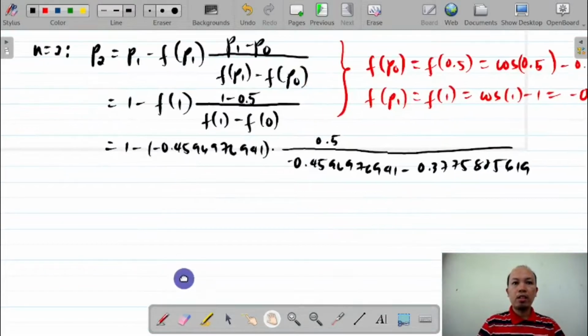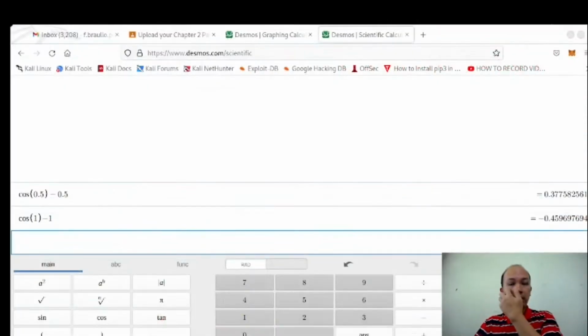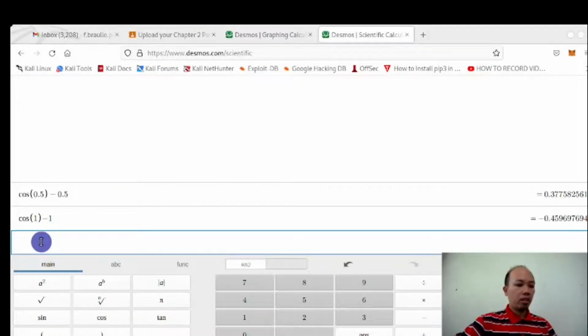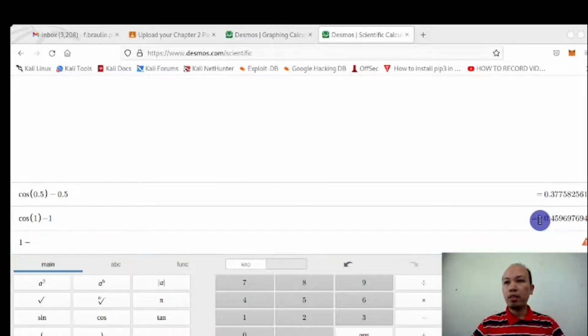so the answer is you can go to this most scientific calculator. Okay, this one here. You can type 1 minus our f of 1 is this one here, negative.